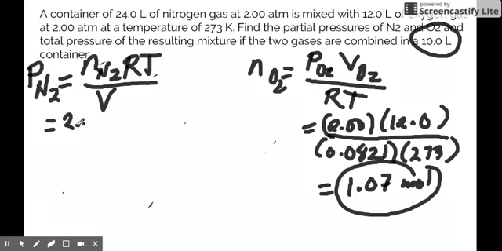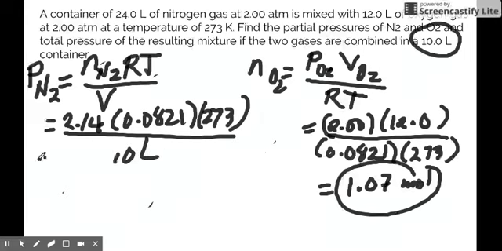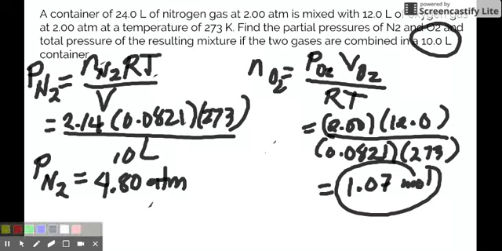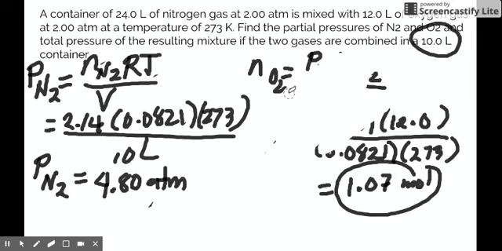So you put your 2.14 and then your R, and the temperature doesn't change, it's still 273, then divided by your 10 liters. So P of N2 in the 10-liter volume is 4.80 atmosphere.